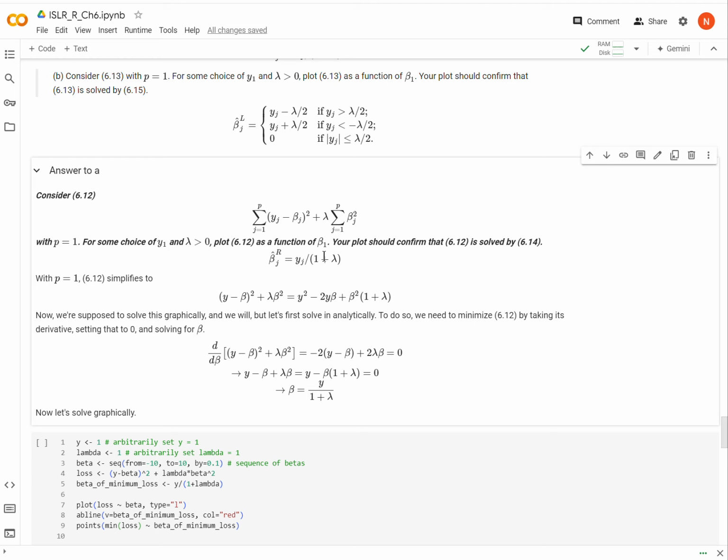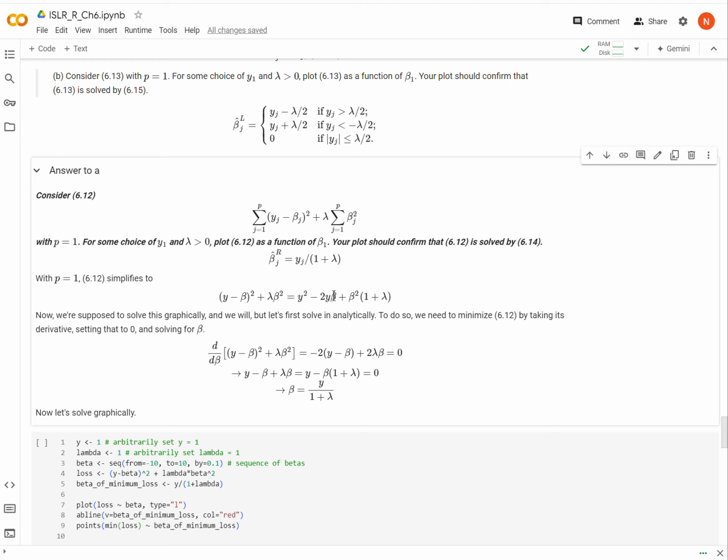So we have our loss function here, and we can expand that with just one beta coefficient, one parameter. We're summing over one thing, so we get this and we get this, and that expands to this.